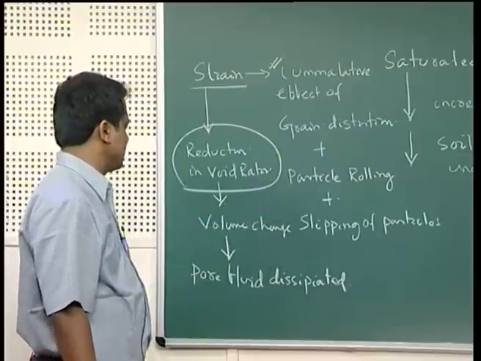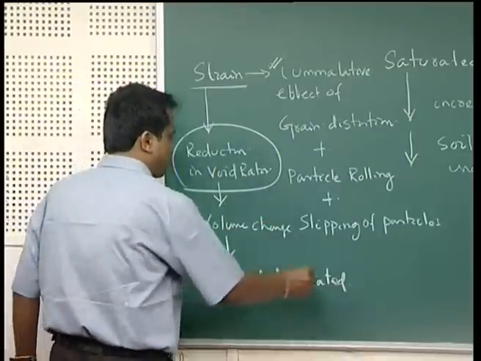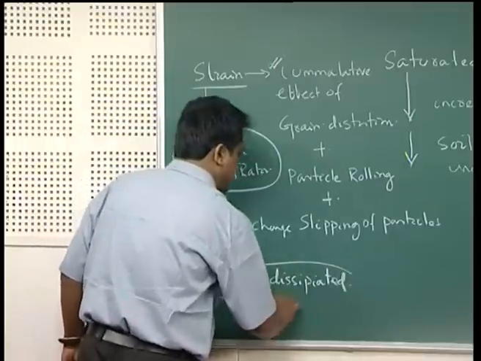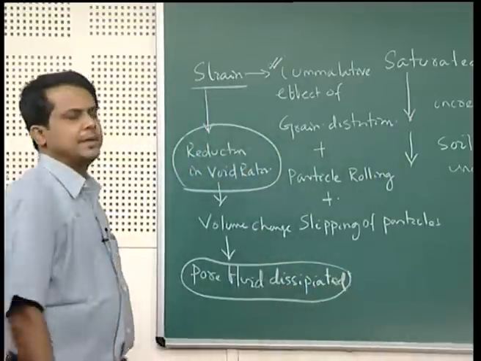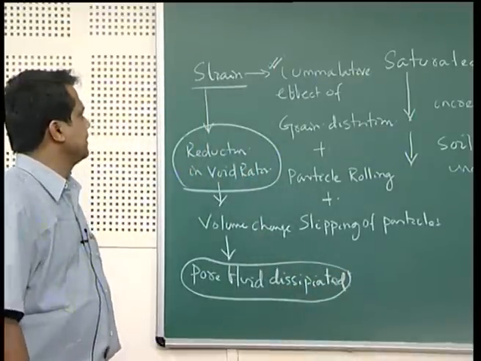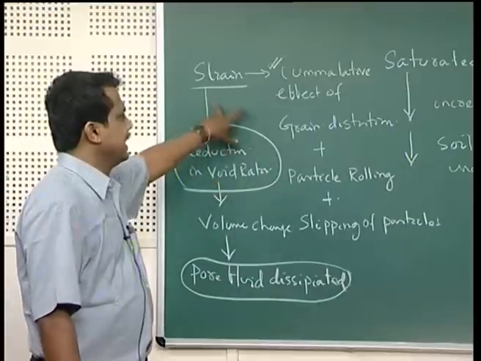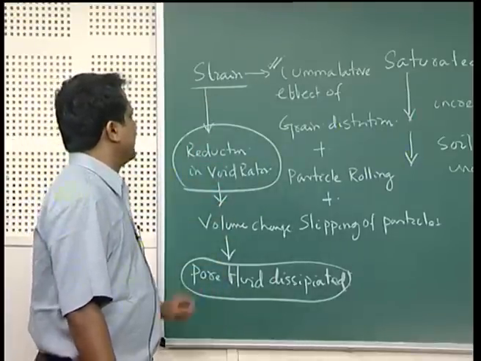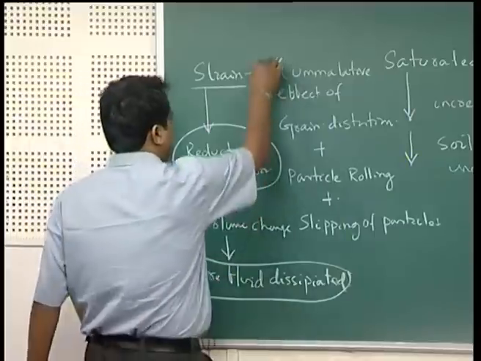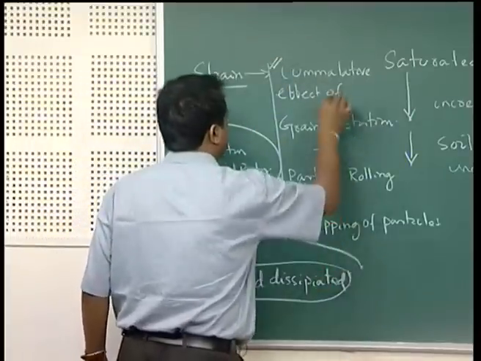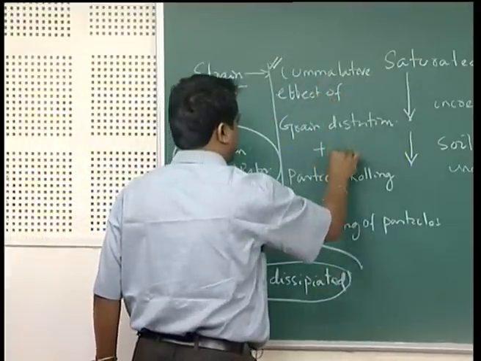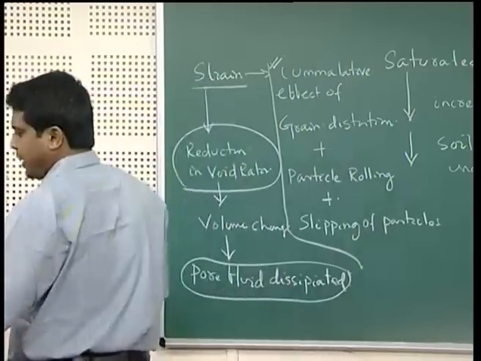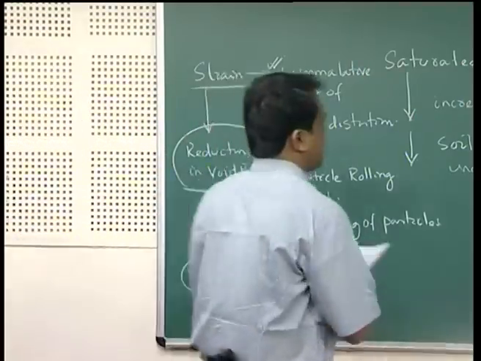Once volume change occurs, the pore fluids inside the soil will dissipate. That is called strain related to consolidation. This is the complete definition, again because of grain distortion, particle rolling, and slipping of particles.